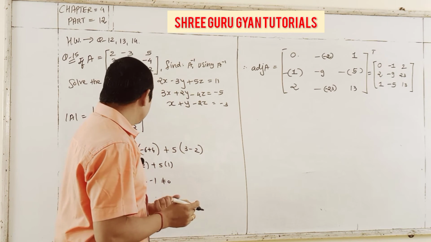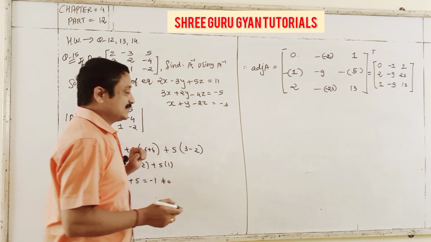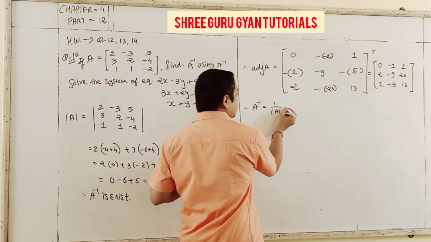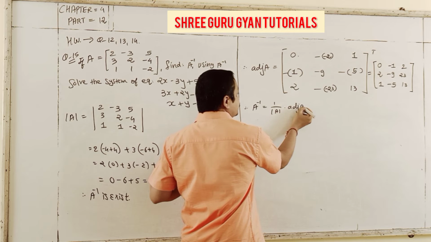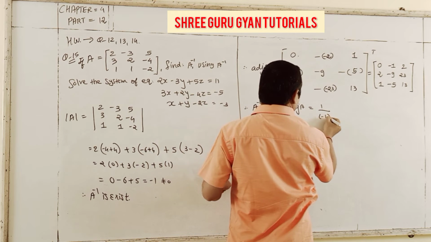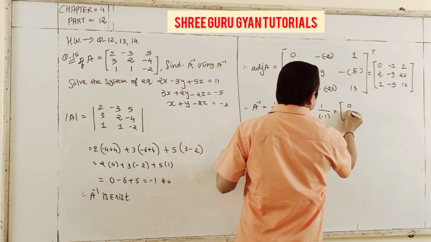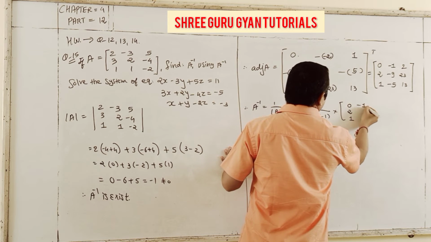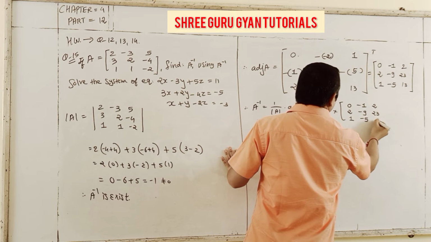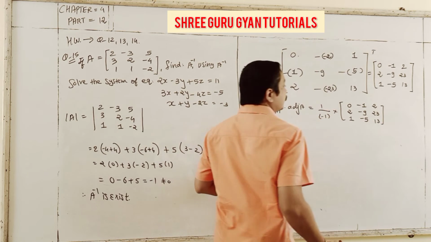Now finally you can attach the A inverse. Therefore, students, A inverse is 1 upon determinant A times adjoint of A. What is my determinant A? Minus 1. And adjoint A is 0, 2, 1, minus 1, minus 9, minus 5, 2, 23, 13.